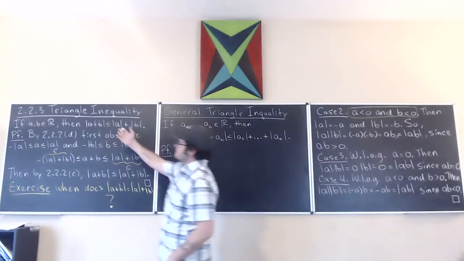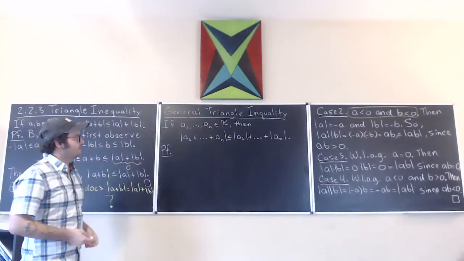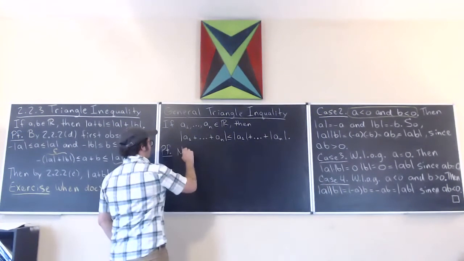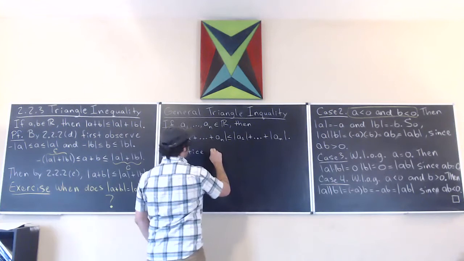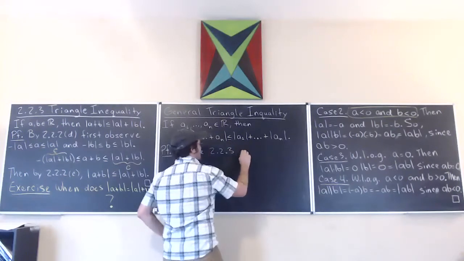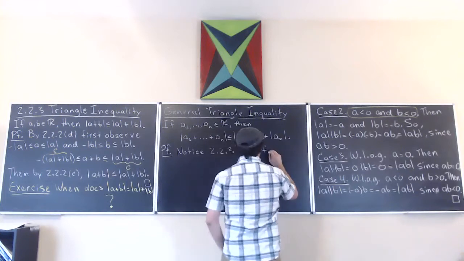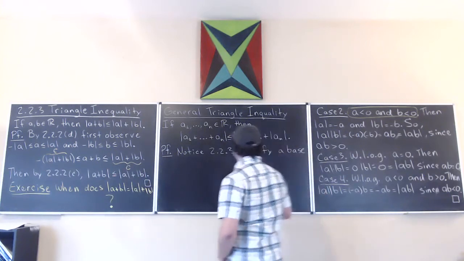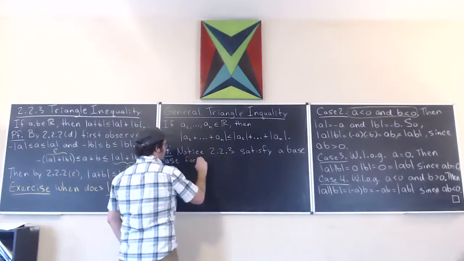Because if we look at this statement here, 2.2.3 satisfies a base case for induction on the number of real numbers that we're considering. For induction on n.